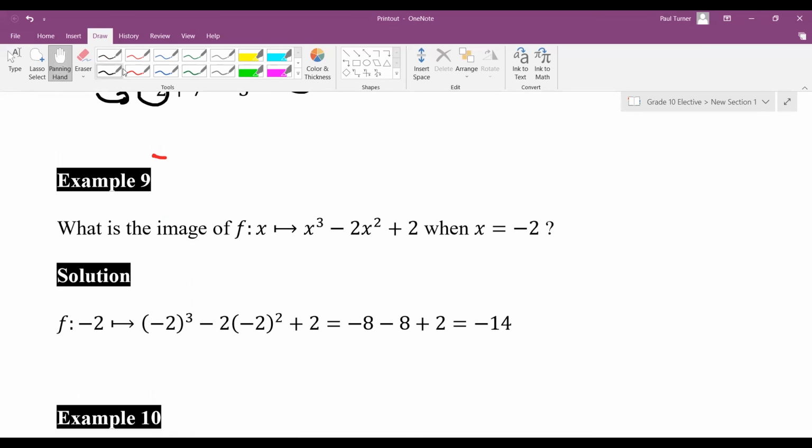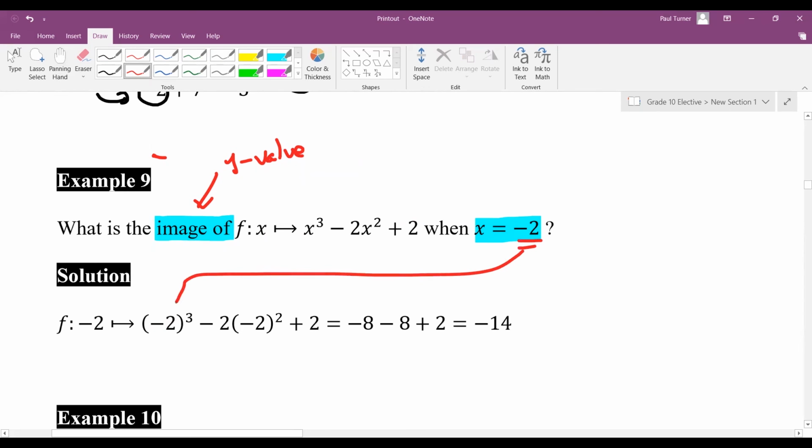Okay, the image. Here's a new word for you, image. What is the image of when x equals -2? The image is the y value. It's your output. So this is your y value that comes out. If you want to do this, you put your -2, which is your x value, into your function like that, as we just did earlier.